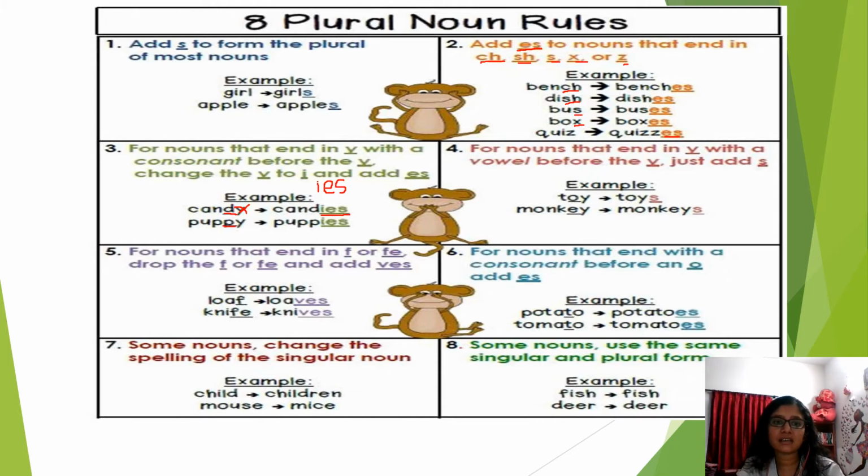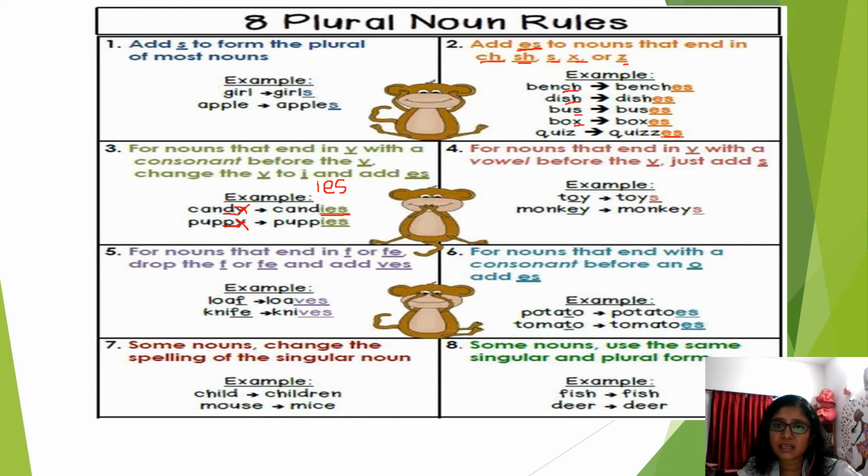So this letter is left like that, but y is thrown out, and you are replacing y with ies. You are not writing it with y. Replacing means we are throwing something out and bringing something in instead of that. So this is the third rule, or rule number 3.